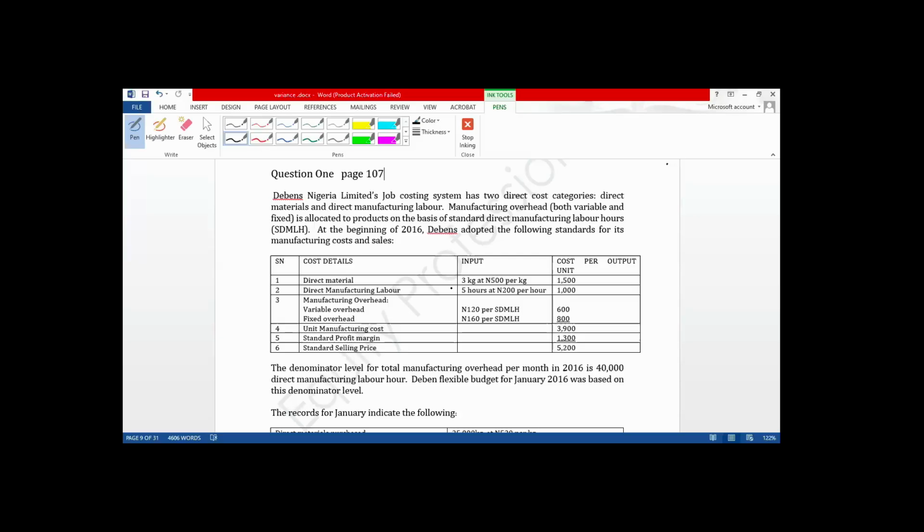Most students could not tackle this problem in the exam. Without resolving this, you can't solve any question here. Without getting the budgeted units, you cannot resolve any problem here.